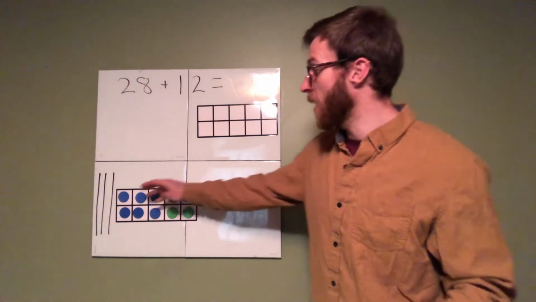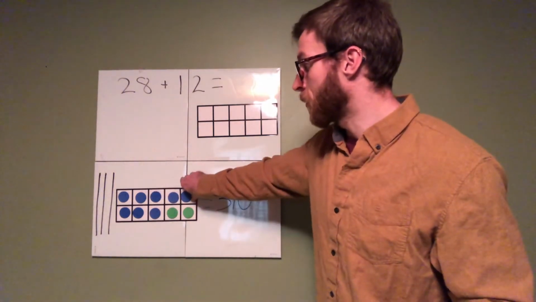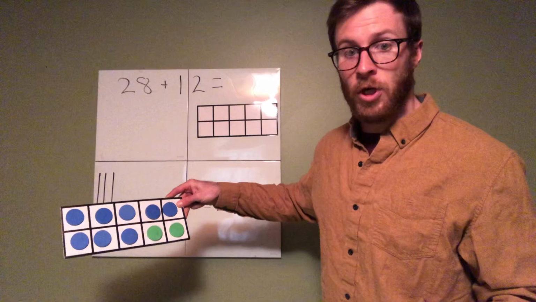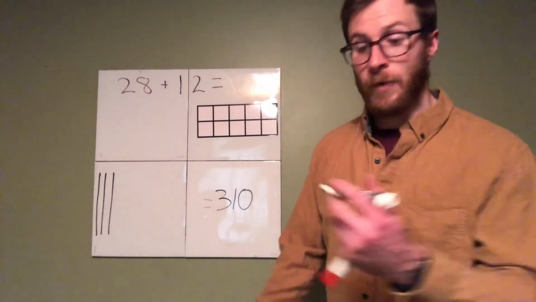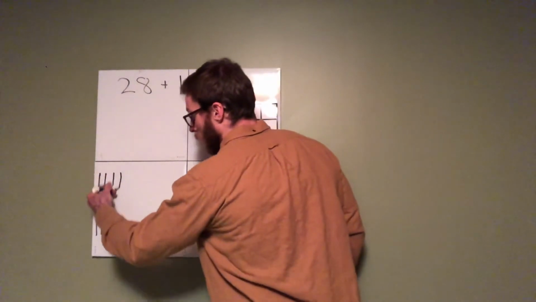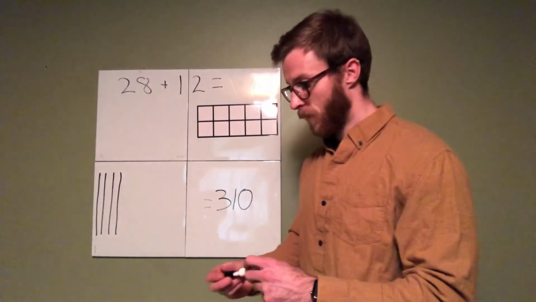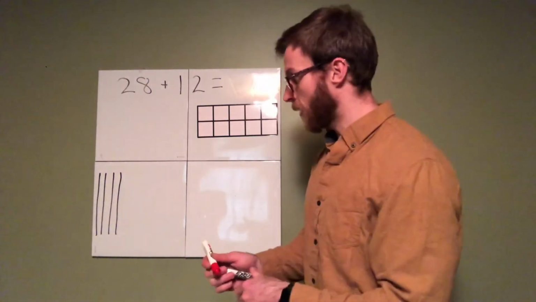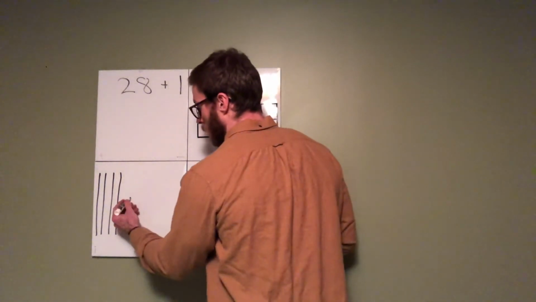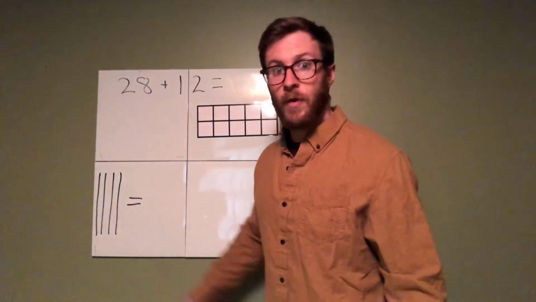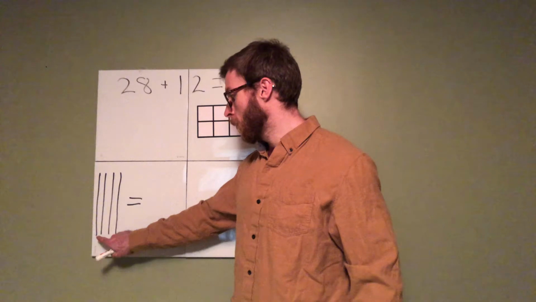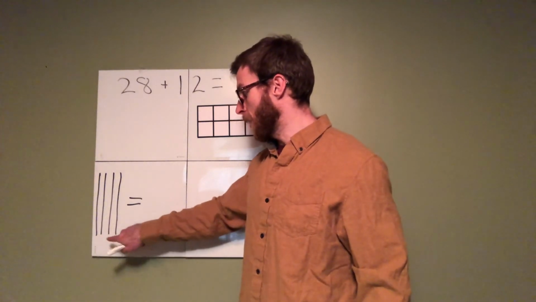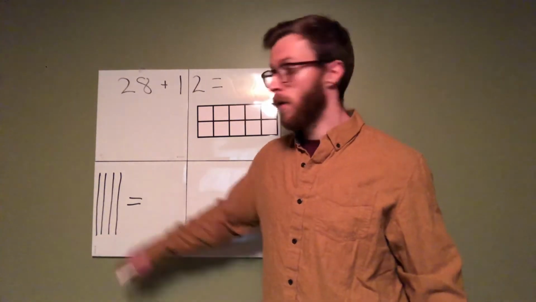So since I made another group of 10, I'm going to get rid of it being shown like this, and I'm going to show it with a 10 stick. So our answer isn't 310. What is our answer? How many 10s do I have? Count with me. 1, 2, 3, 4.